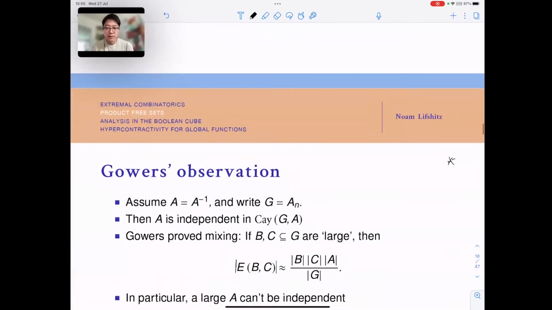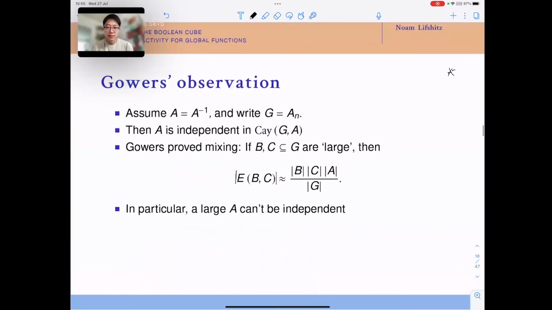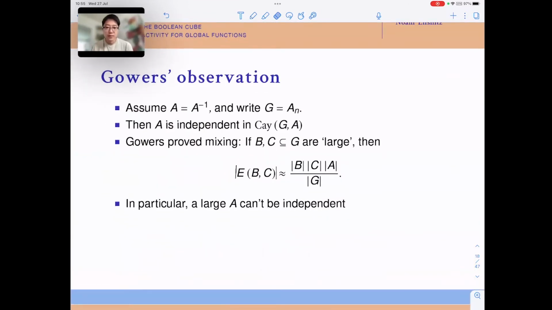Okay, so let's start by explaining how Gowers' proof worked. For simplicity, so we can talk about Cayley graphs without having to talk about directed Cayley graphs, let's assume that the product free set that we care about satisfies the condition that it's equal to A inverse, and then we can comfortably talk about Cayley graphs.